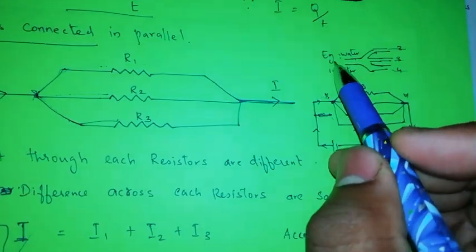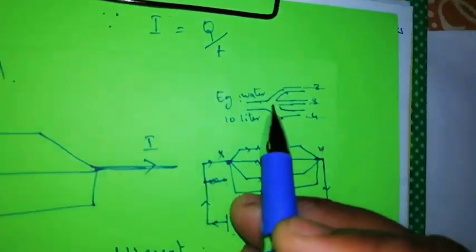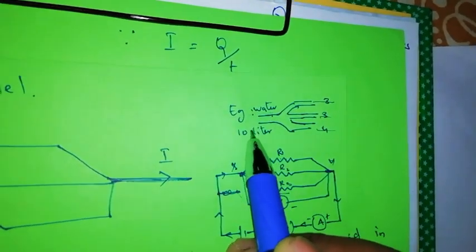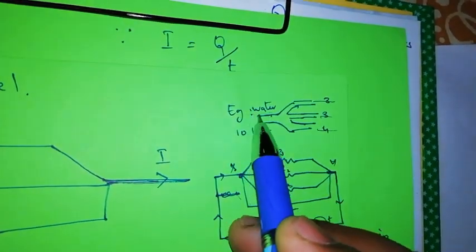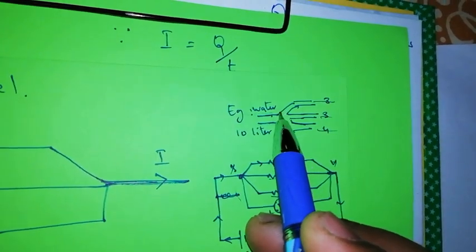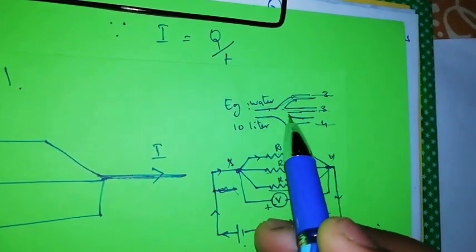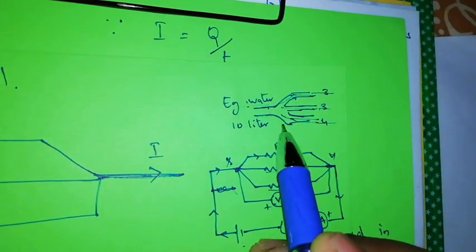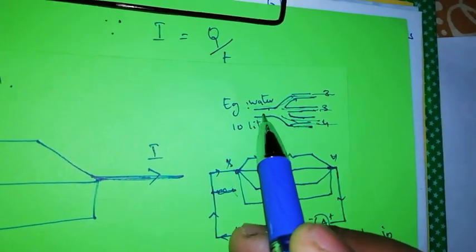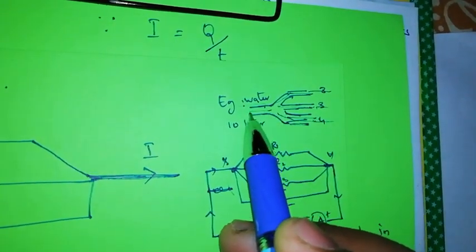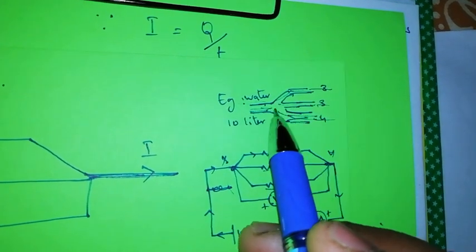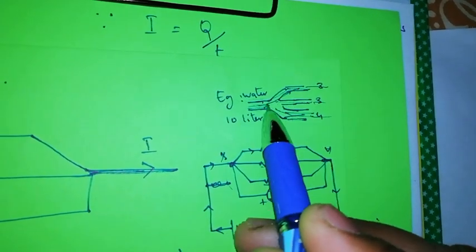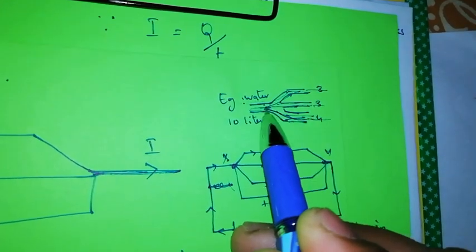For example, say water is traveling in a big pipe, 10 liters of water, and some branch pipes are connected to this big pipe. What happens? The water is distributed equally, am I right?